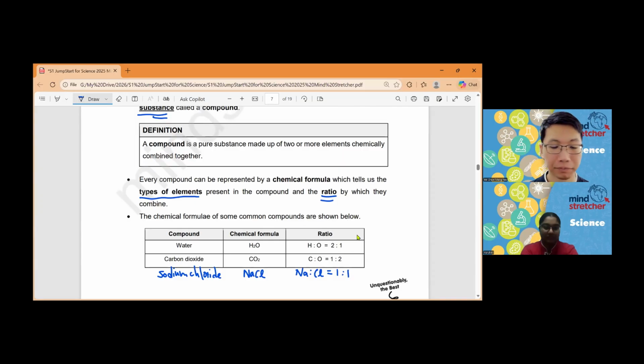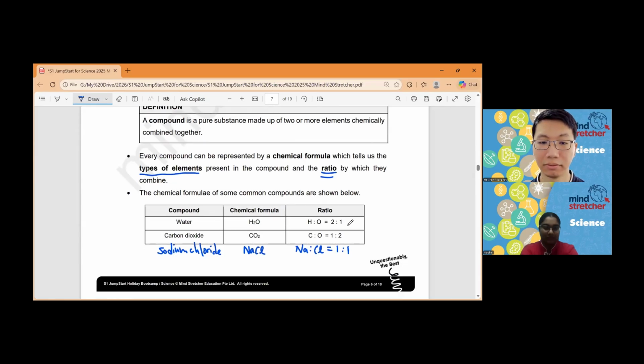Can you just write this down? Water, H2O, you should be quite familiar with that. H to O is 2:1. Carbon dioxide, carbon is 1, oxygen is 2, CO2. So from the formula itself, we have the ratio. Make sure you write down sodium chloride as well.